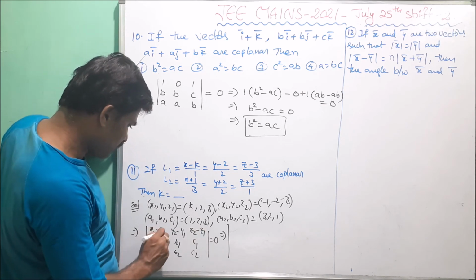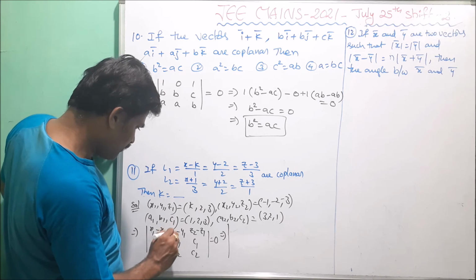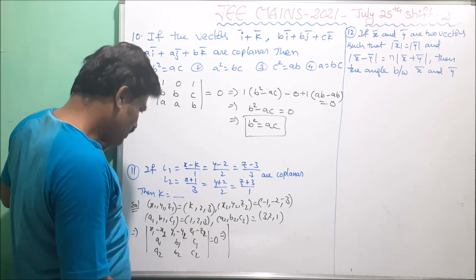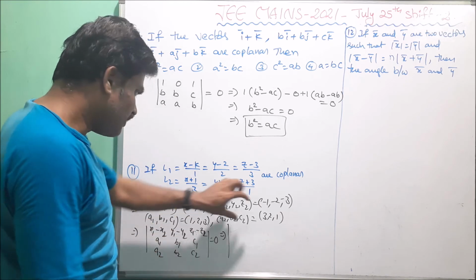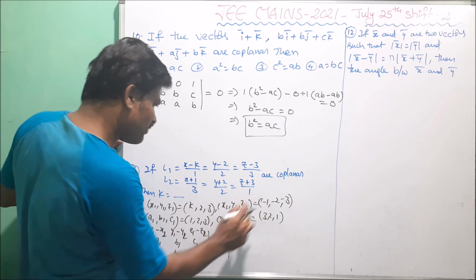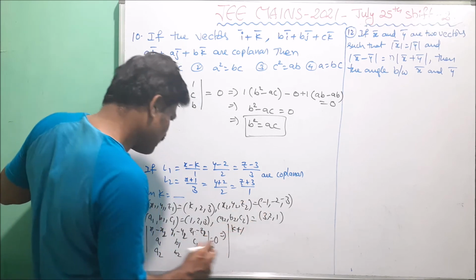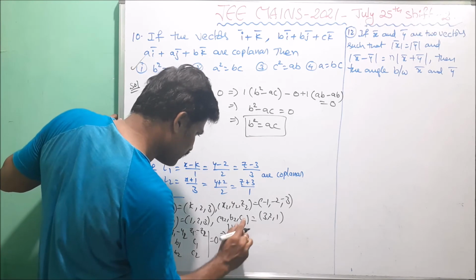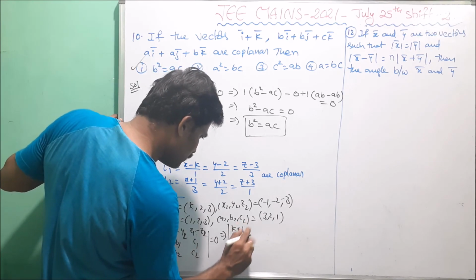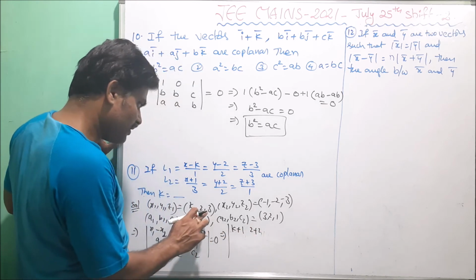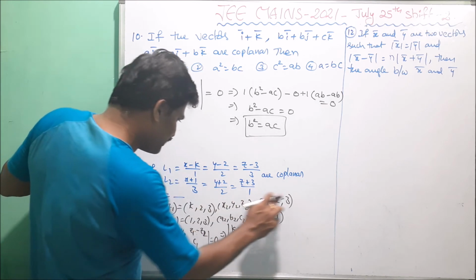Now these are also DRs of the given two points. Now x1 minus x2, k minus of minus 1, k plus 1. Here 2 plus 2. So this is k plus 1, 2 plus 2, after that 3 plus 3.